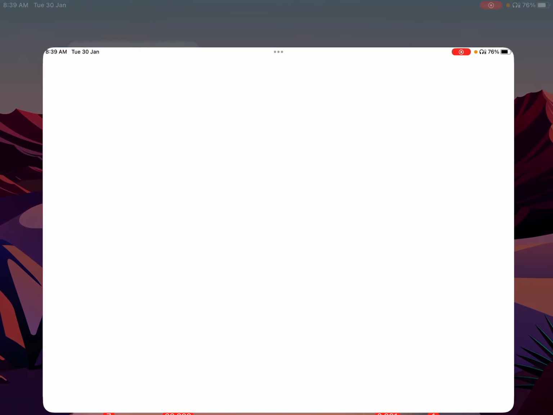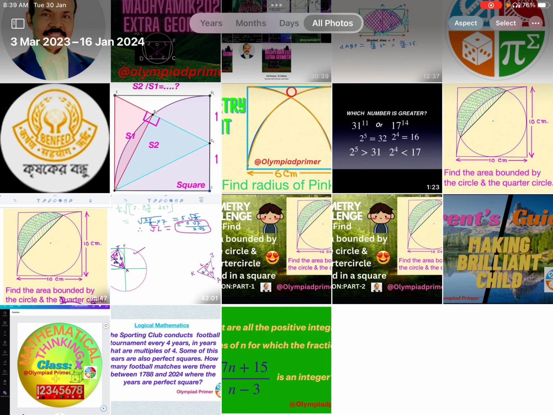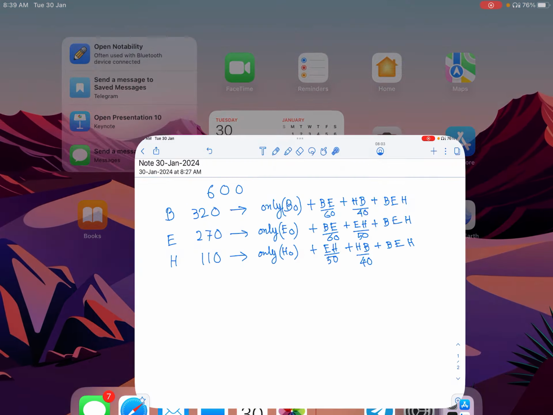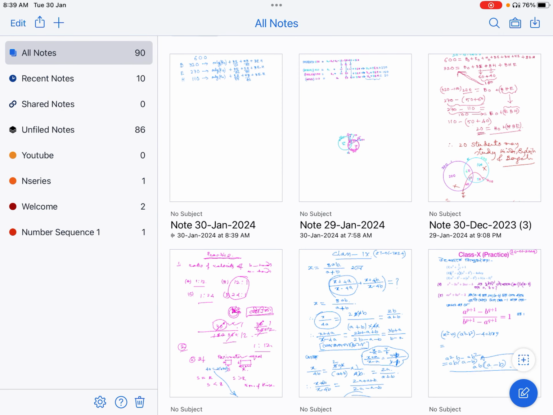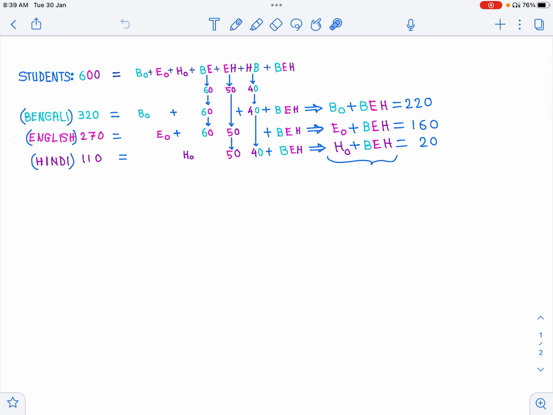Okay, now see here, we can use a separate color for each separate subject.